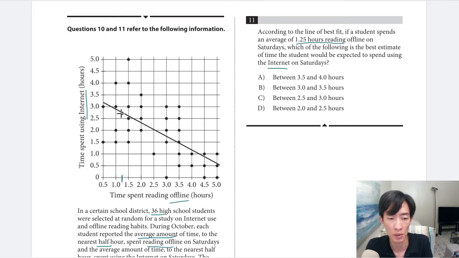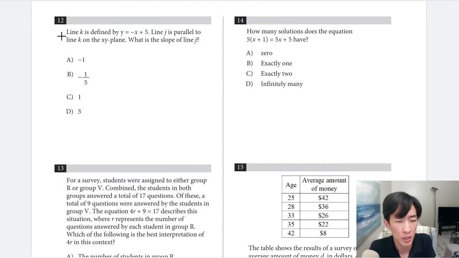So if this student, according to the line, were spending 1.5 hours reading, then they'd be spending somewhere between 2.5 and 3, maybe 2.75 hours on the internet. So obviously the answer is going to be C. So it's basically just find the point on the graph, and they're just testing to see that you know how to read it.